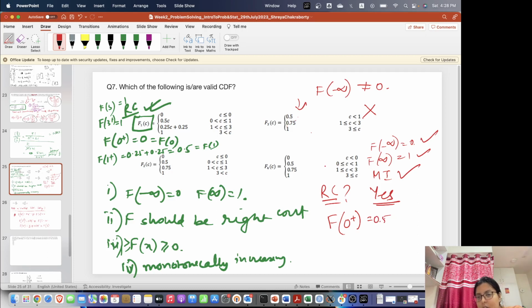and F0 is also 0.5. Similarly at this point, F1 plus equals 0.75, which is F1, and F3 plus equals 1, which is equal to F3.